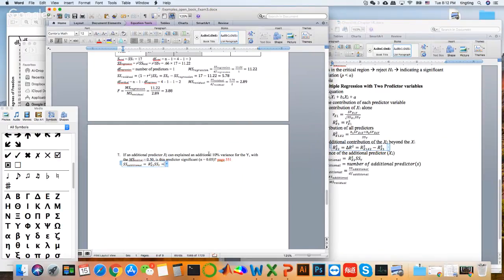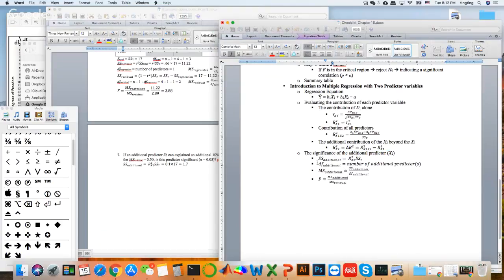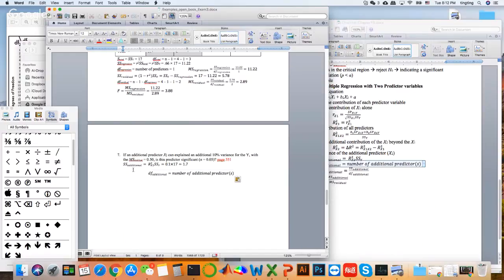Here we know it's 10%, right? It's 0.1, times SSY, we know it's 17. So the answer is 1.7. And then we compute its DF additional as the number of additional predictors. We just have one additional predictor, so it equals 1.